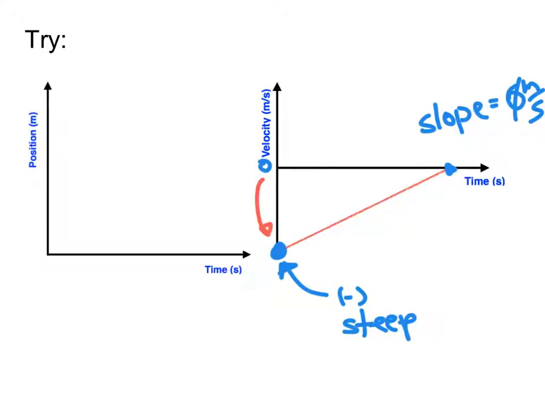So I'm going to draw my first point somewhere high here. And then my last point is going to be somewhere low here. Right? That shows something that's moving backwards if it starts at a high position and ends at a low position. Okay? Now, I want a tangent line that's very steep and negative to start.